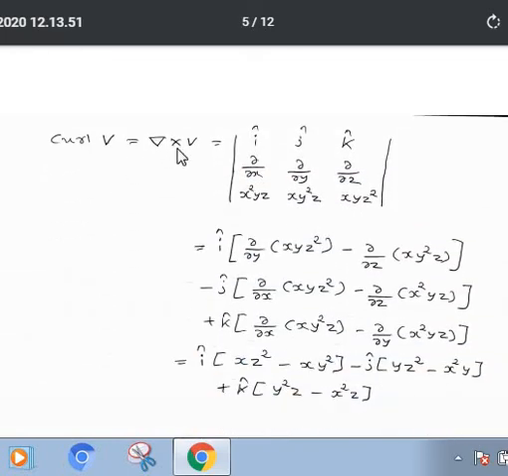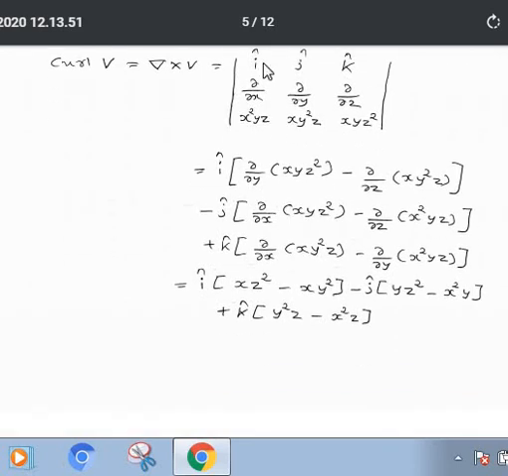Curl V equals nabla cross V. Nabla cross V is the determinant of i, j, k; del by del x, del by del y, del by del z; and the x, y and z components of the vector field V. Now we have to find this determinant, that is i cap into minor of i cap, that is del by del y of xyz square minus del by del z of xy square z, minus j cap into minor of j cap, that is del by del x of xyz square minus del by del z of x square yz, plus k cap into minor of k cap, that is del by del x of xy square z minus del by del y of x square yz.